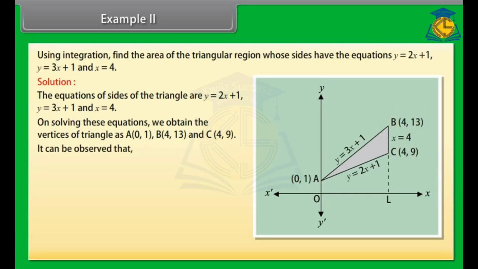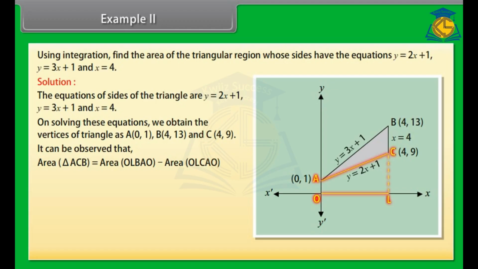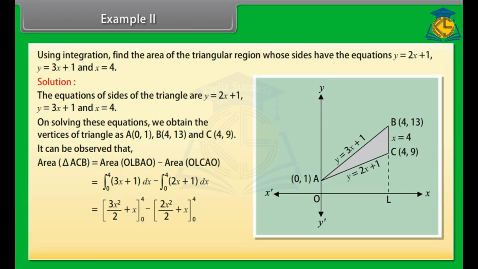It can be observed that area of triangle ACB equals area of OLBAO minus area of OLCAO. That is, integral from 0 to 4 of 3x plus 1 with respect to x, minus integral from 0 to 4 of 2x plus 1 with respect to x. By solving, we get area of triangle ACB equals 8 square units.